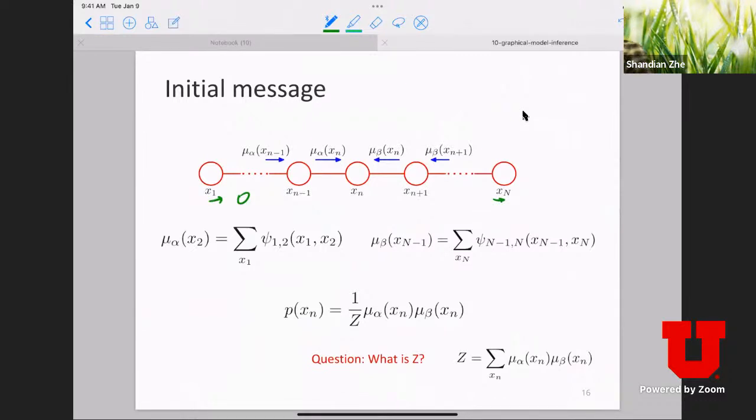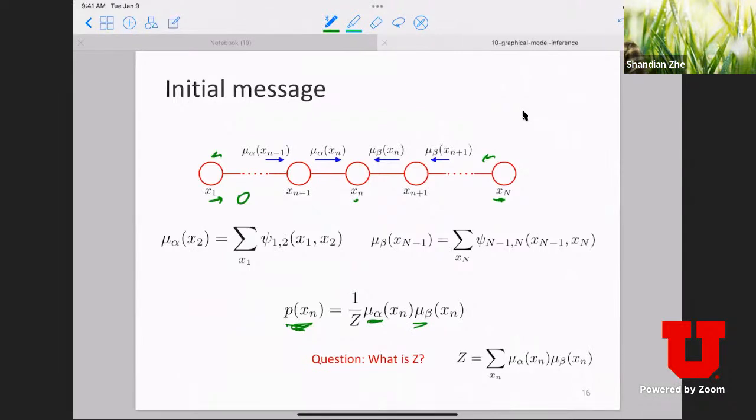And similarly, we can compute the backward message from the rightmost node xN to every previous node until you arrive at the first node. Then you'll have all the forward and backward messages. And for any intermediate node xn, you just multiply the forward message and backward message sent to xn. That's it.